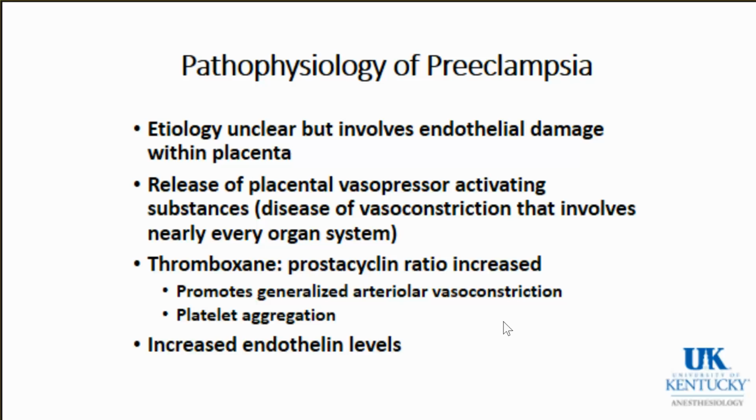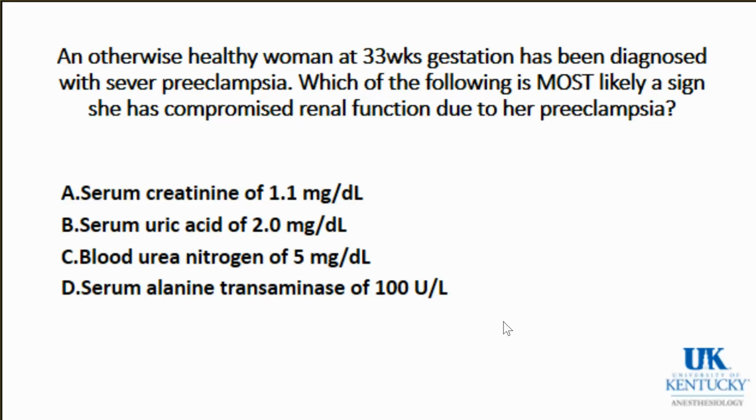We do know there is an imbalance between thromboxane and prostacyclin, with increased thromboxane compared to prostacyclin, and what that does is promote arteriolar vasoconstriction and also promote platelet aggregation. We also know that women with this disease have increased endothelin levels, which also has vasoconstrictor effects.